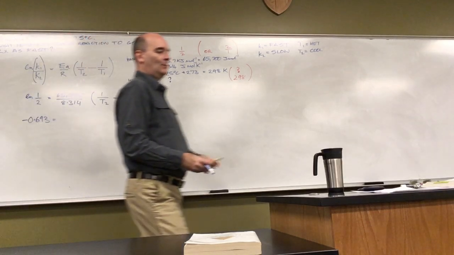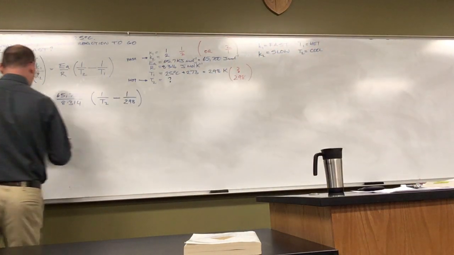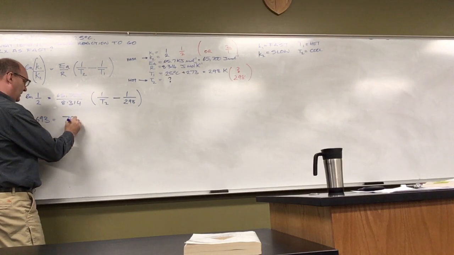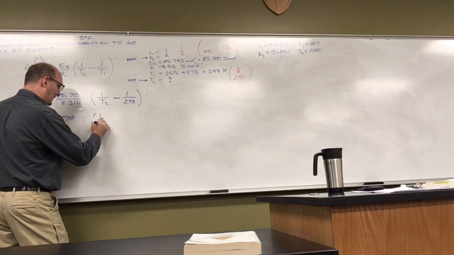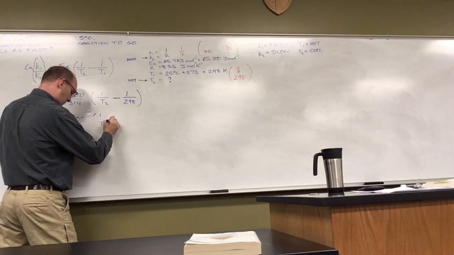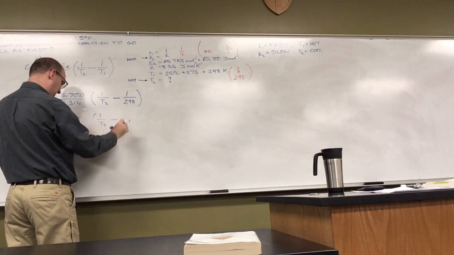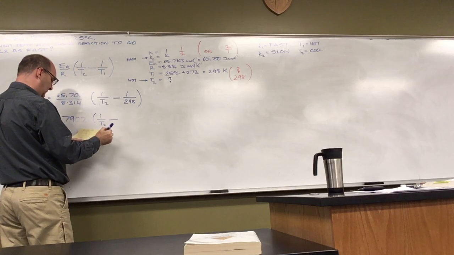Okay, 65,700 divided by 8.31 was 7902. We're going to multiply that by 1 over T2 minus, I haven't collapsed that down yet.